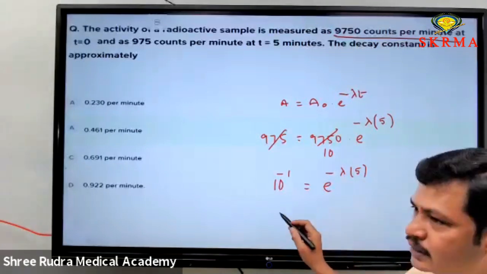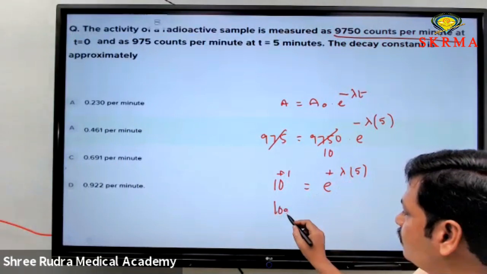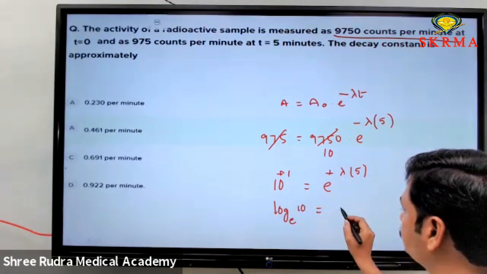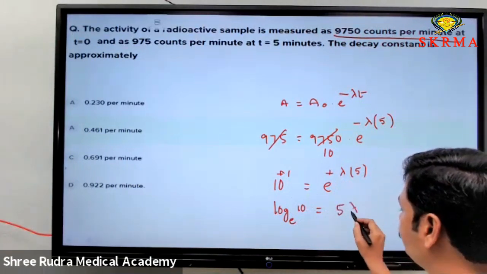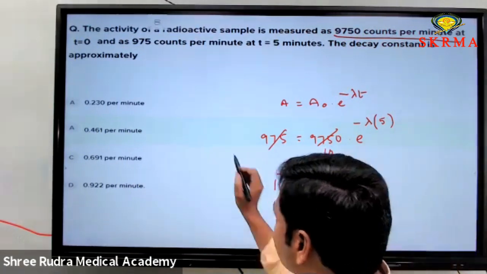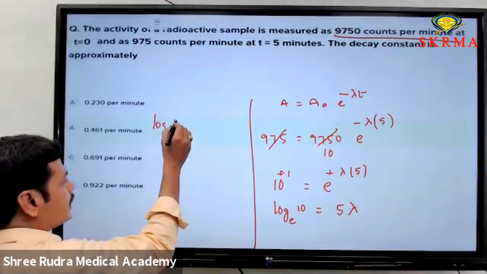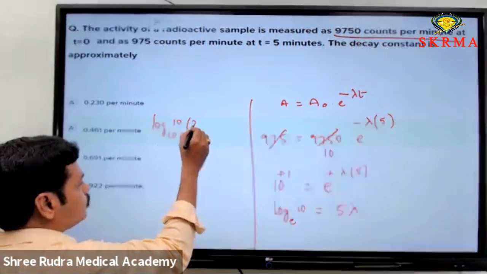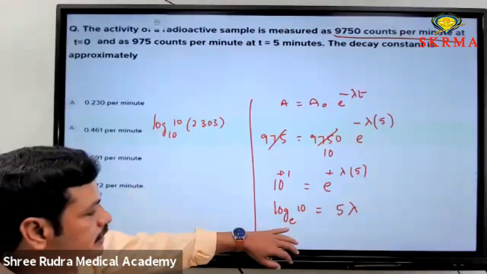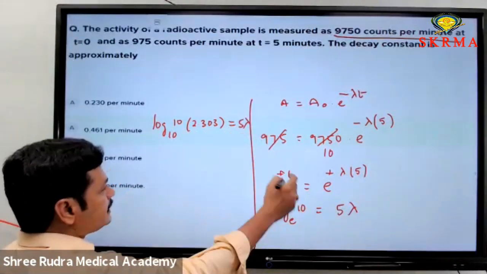Take logarithm on both sides. Minus minus will be cancelled. Log e base 10 equals 5 lambda. If you want to convert log e to base 10, it can be written like this: log base 10 of 10 multiplied by 2.303 equals 5 lambda on the right side.